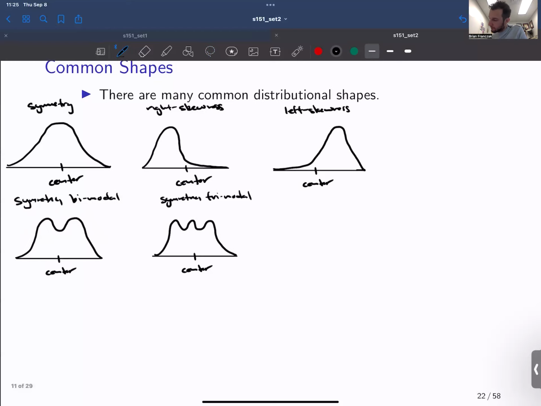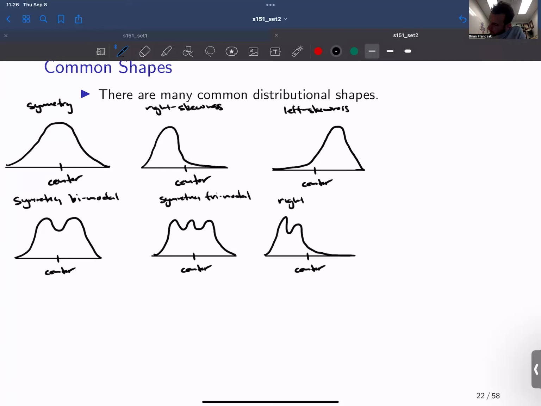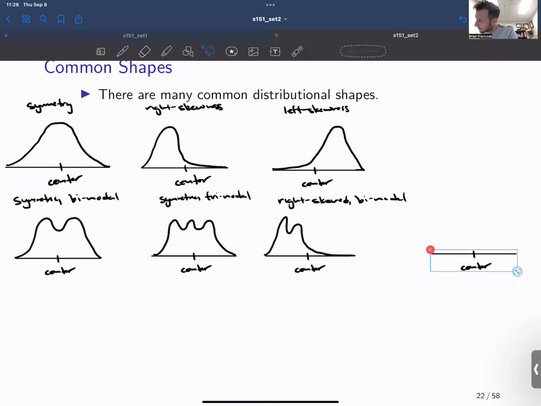So for example, let's consider a bimodal distribution, but it's right skewed. So we might observe something like this. So this would be right skewed bimodal. And then you could also skew to the left. So maybe in that case, we observe something like this.